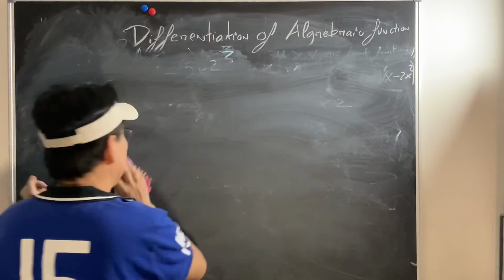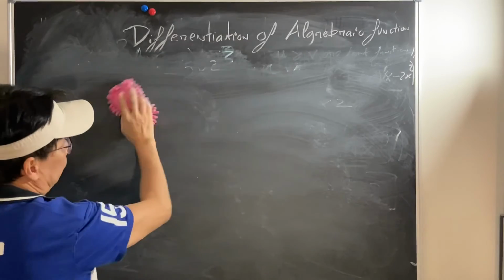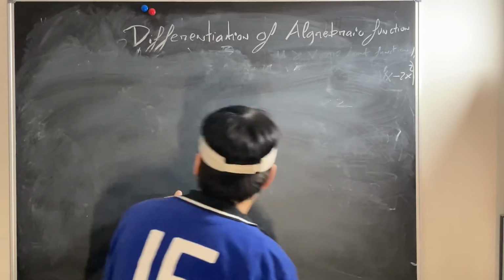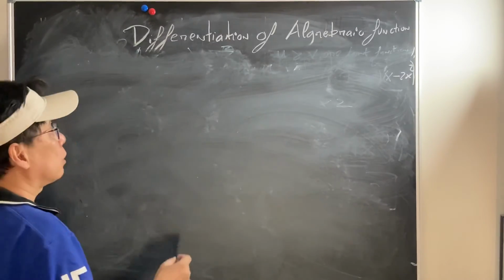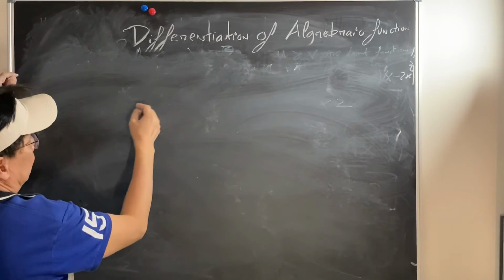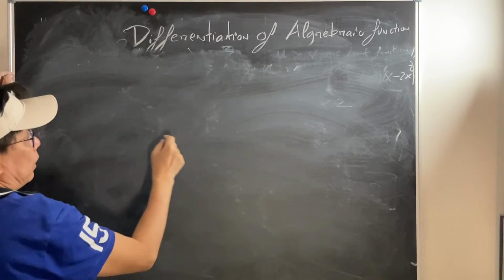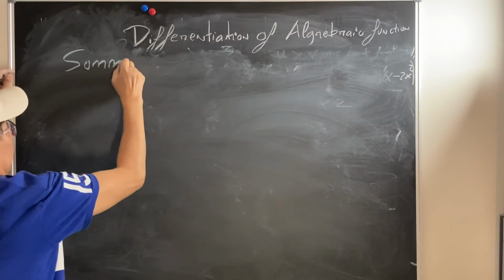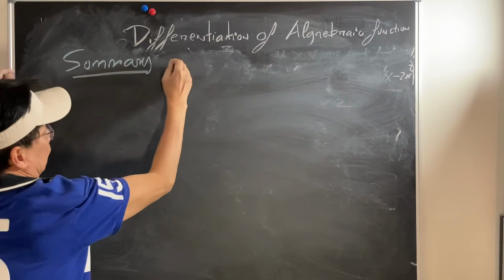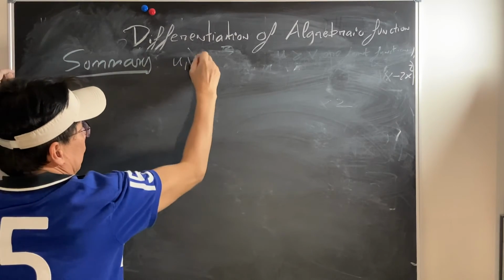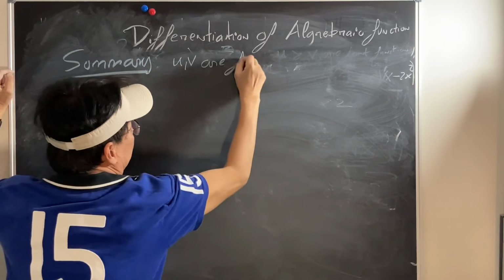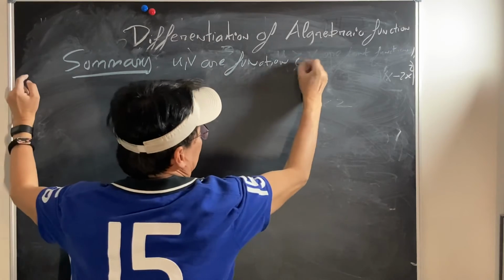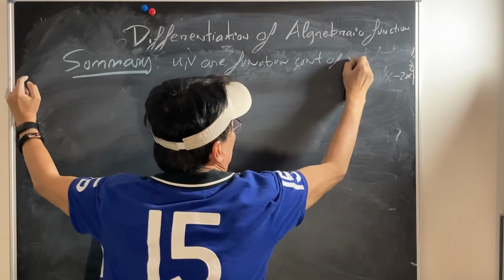Okay, I just went over a very simple example, but you apply product rule, quotient rule, power rule of differentiation in any kind of function. Okay, so again, summary: let u and v be continuous functions of x.